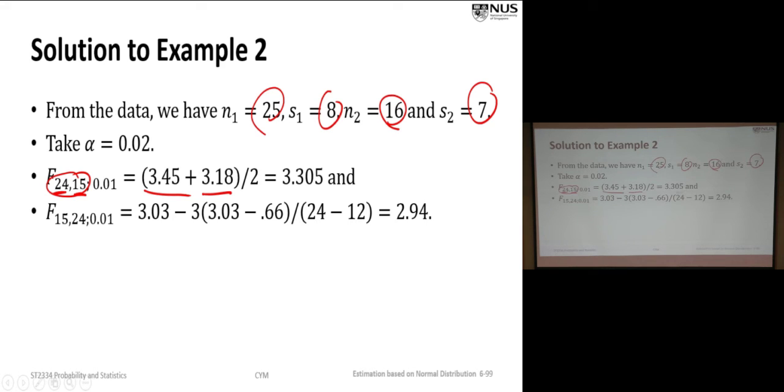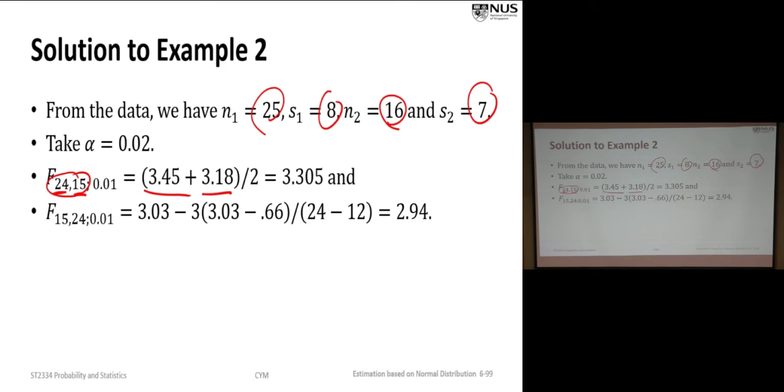All right? And this is another way to do it, a linear interpolation. Don't worry about this linear interpolation. I will accept if you take the nearest. If you couldn't find it in your F table, take the nearest possible degrees of freedom. Or you take the two.